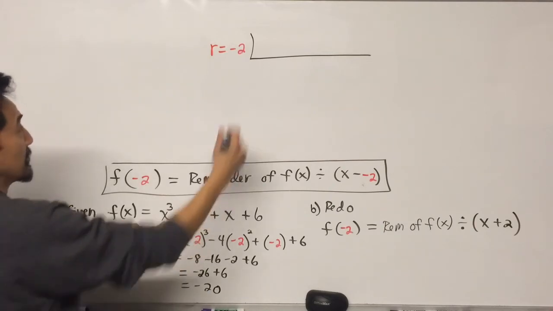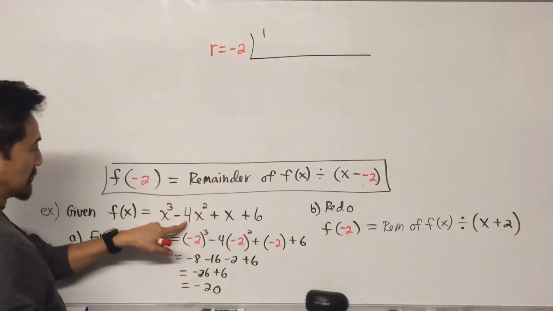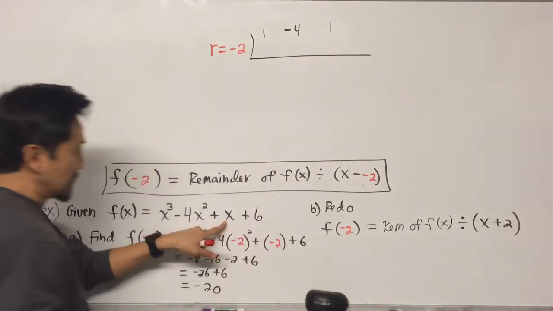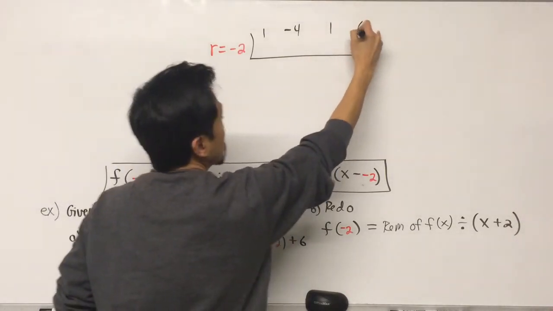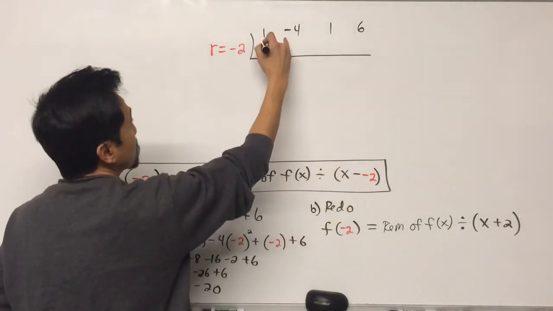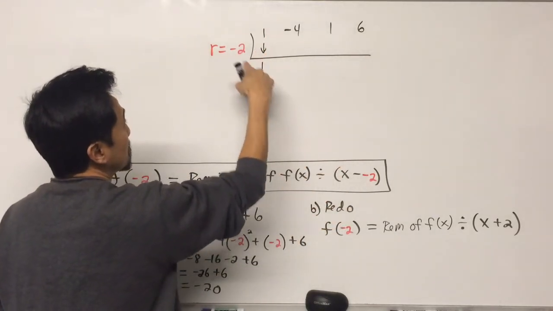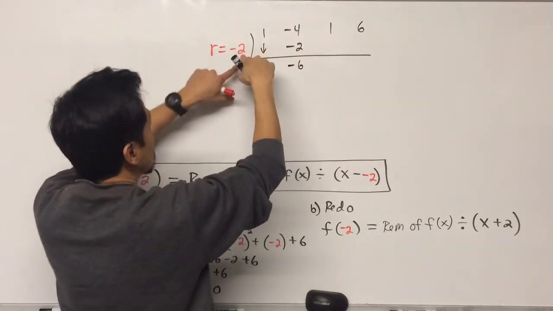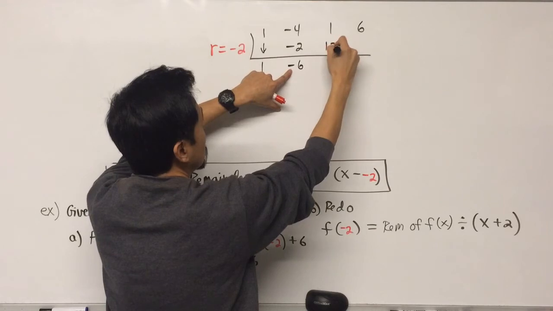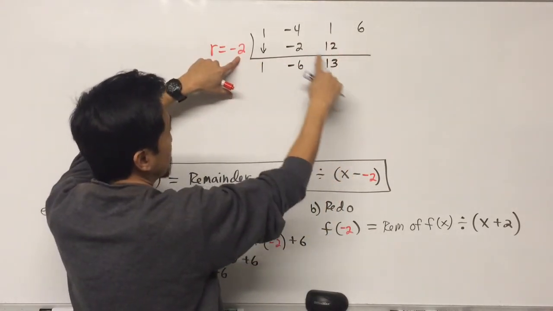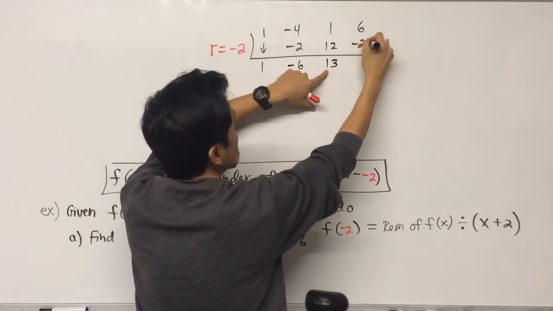Well, here's f. So its coefficients are 1, negative 4, 1, and 6. Okay? And now, perform the division. Multiply diagonally, add vertically. Multiply diagonally, I get 12, add vertically. Multiply diagonally, I get negative 26.